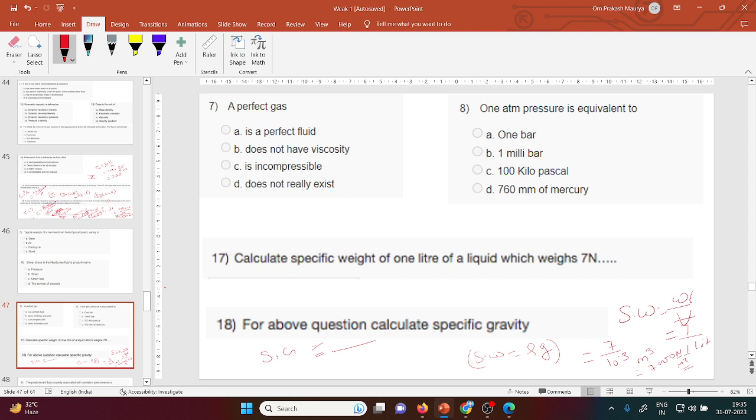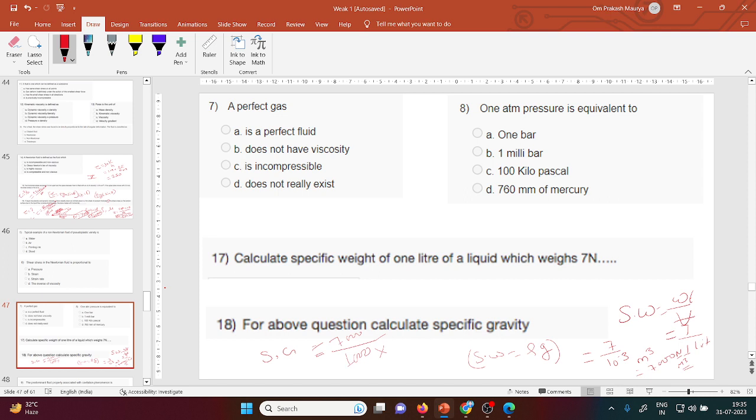So here 7,000 is for the given liquid, and for a standard fluid it is 1,000 into g.